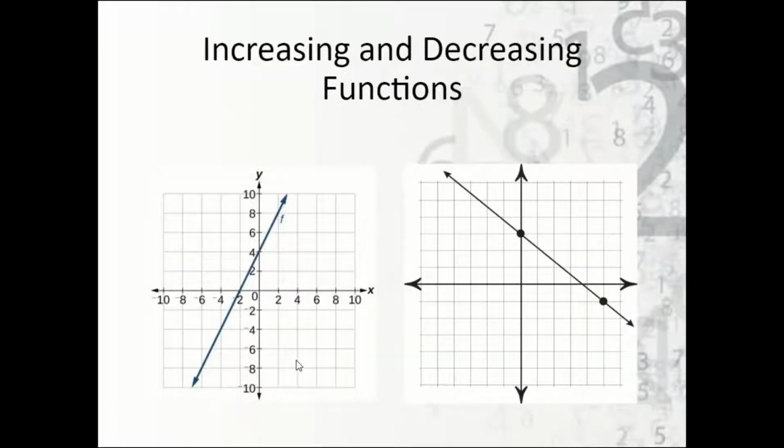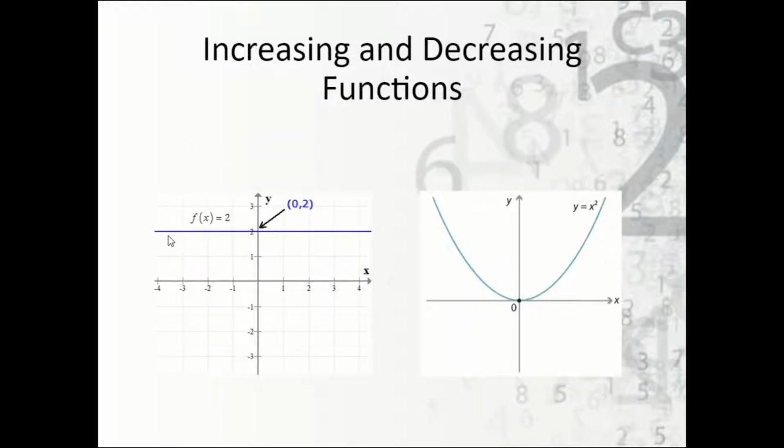So here are some examples. We have a graph here, and as we look from left to right, it is obviously going upward. So this is an increasing function. This one here, as we go from left to right, is going downward, so this is a decreasing function. This one here is a flat horizontal line, so this is a constant function.